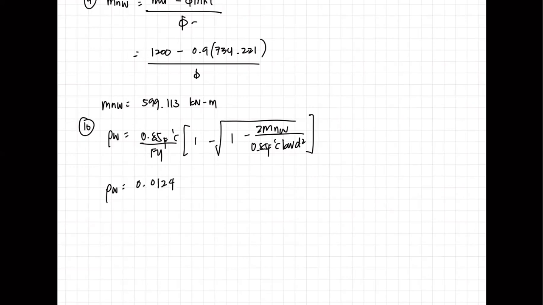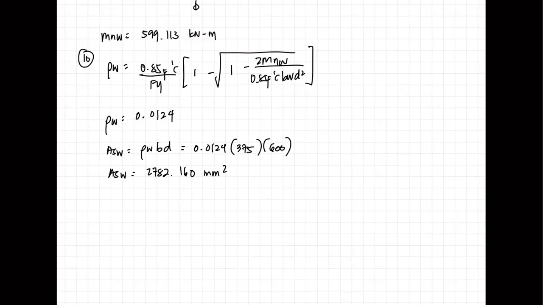So that is 0.0124. Okay? So our ASW is rho BD. That is 0.0124 times 375 times 600. So ASW is 2782.160 mm squared.